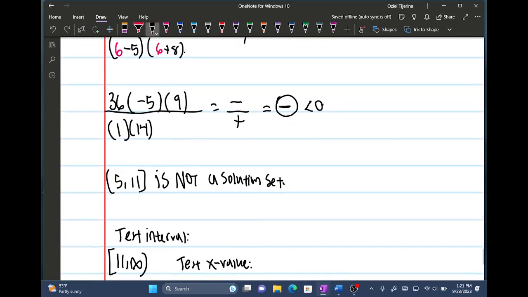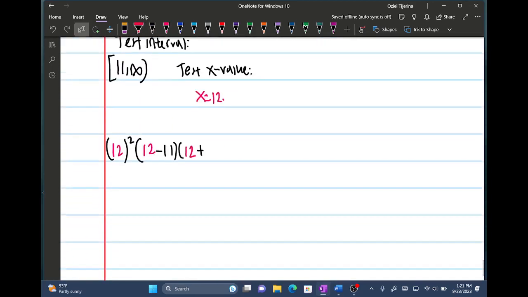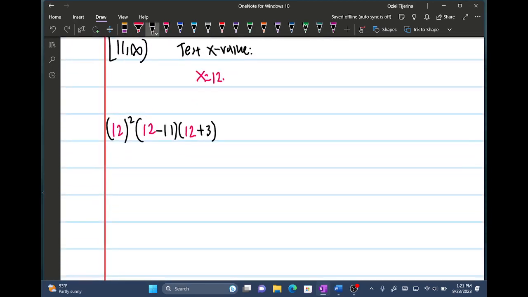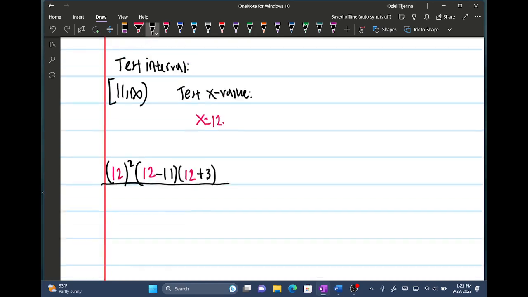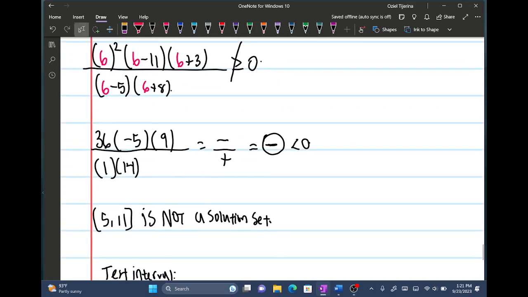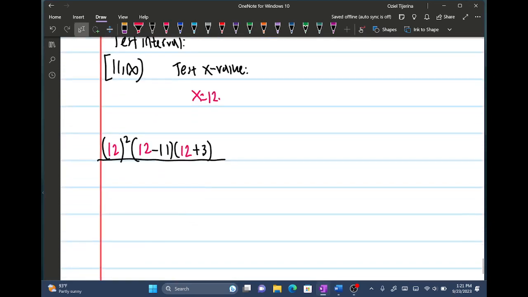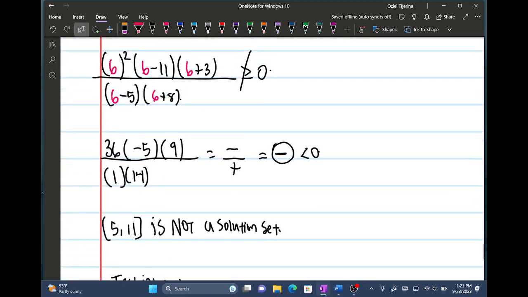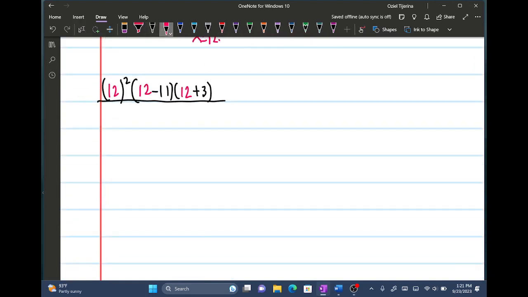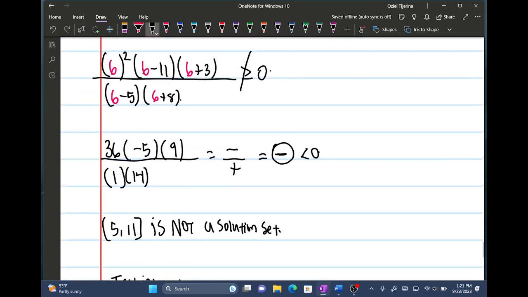You don't have to know the exact answer unless they're talking about a whole number or something, like a number greater than 0, like 3, 4, 5, then you would have to know if it's a fraction or a whole number. But in this case, just know if it's positive or negative. 12 minus 5, so over 12 minus 5 times 12 plus 8.